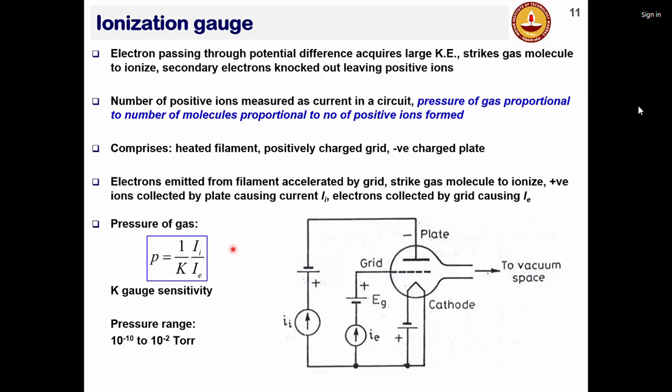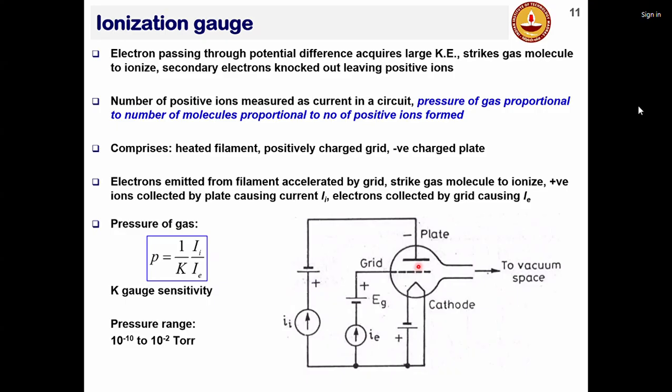So here you have this arrangement. You have a source voltage here, and this is the cathode. At high voltage, electrons are emitted from this cathode and accelerated. When these electrons strike the gas molecules, they knock off electrons, leaving positive ions.